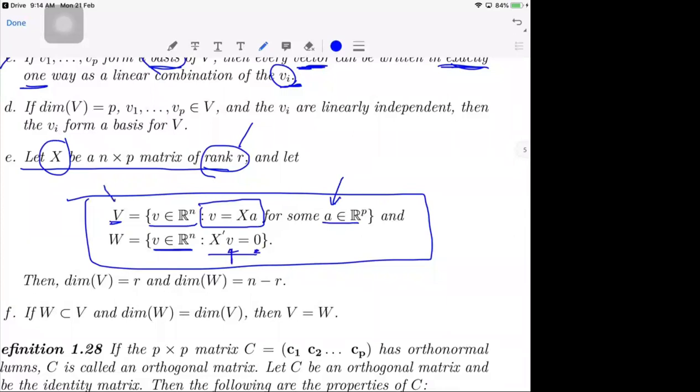We have shown that this V and W here are subspaces, right?